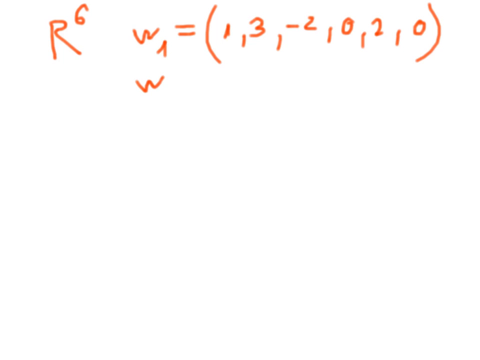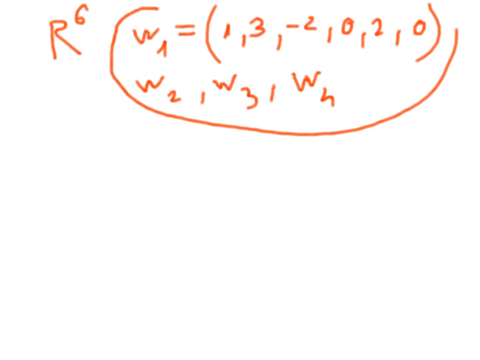And then you have other 3 vectors. What the question asks you is, let's say that W1, W2, W3, and W4 span a subspace of R6 that is W. So you can create a subspace using these 4 vectors.